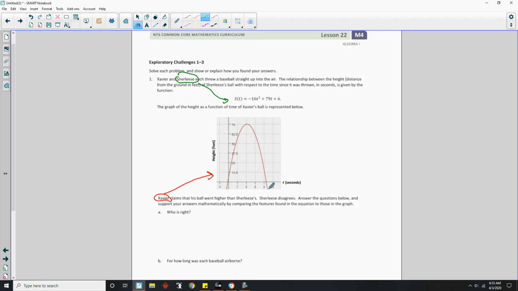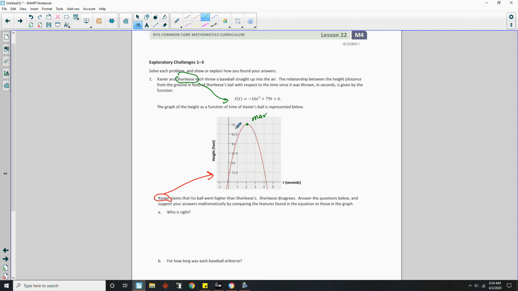Charlize disagrees. So this is the graph of the ball. So Charlize is standing here, and she threw the ball from 6 feet up in the air. So say she's 5 feet tall, and her arm extended up to a 6-foot point where she let go of the ball. That would be right here, and then the ball flew up into the air, and it got to this point right here, which is the vertex, and that is the maximum.